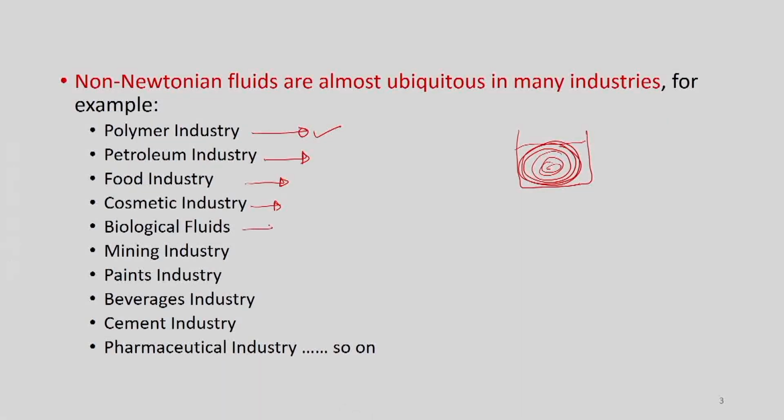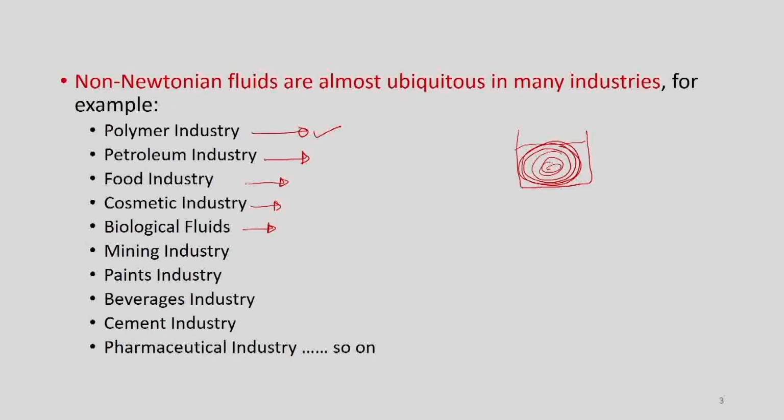Similarly, biological fluids like saliva, blood, and synovial fluids also show some amount of non-Newtonian characteristics depending on the range of shear rate being applied. Likewise, if we keep on listing, we can see applications in the mining industry, paints, beverages, cement, and pharmaceuticals, where many syrups display different types of non-Newtonian characteristics.